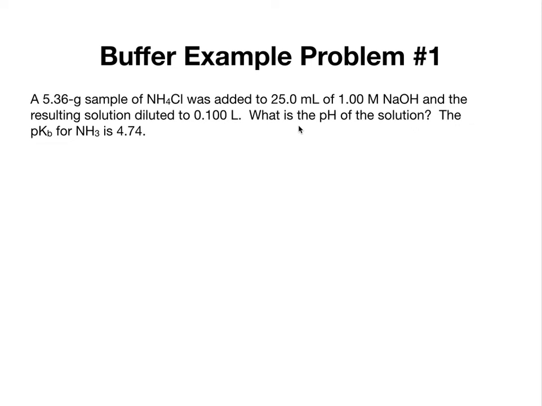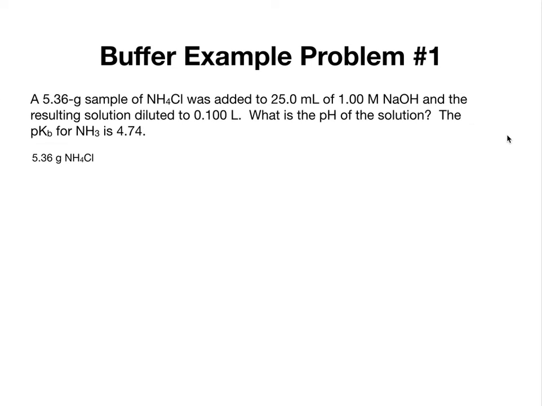What is the pH of the solution? The pKb for ammonia is 4.74. Class, this is going to utilize some of what we talked about in the preceding slide.